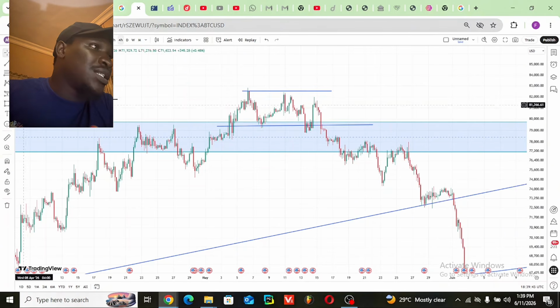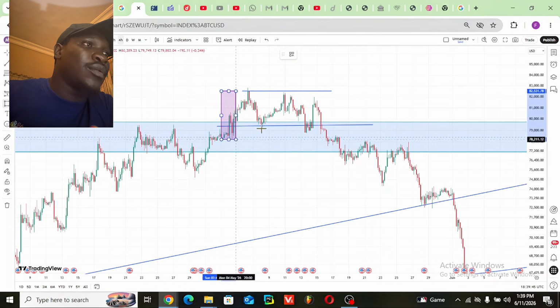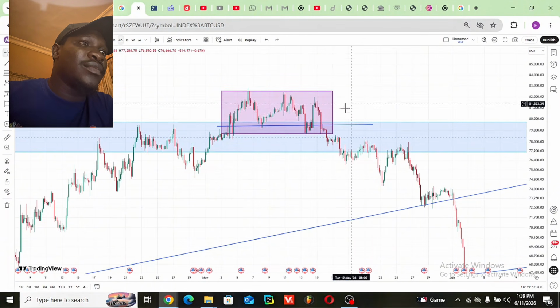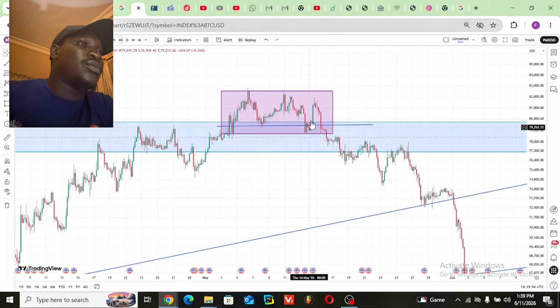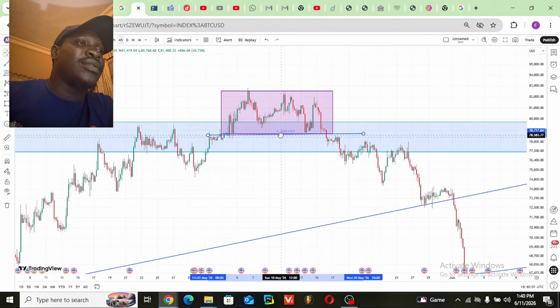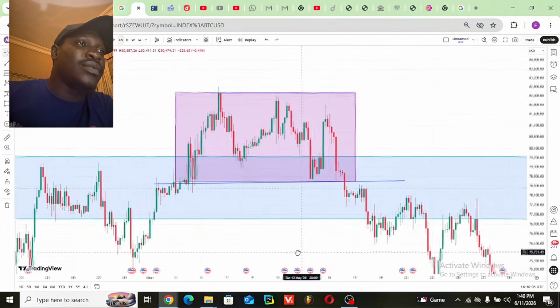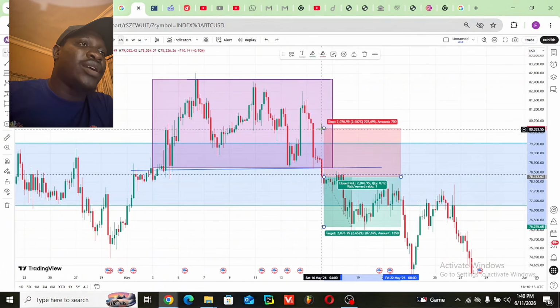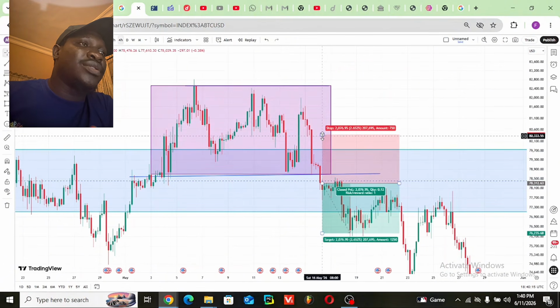So from what we can see here, this is it right here. And immediately we have the neckline break from here, immediately we have the break on the 4 hour.